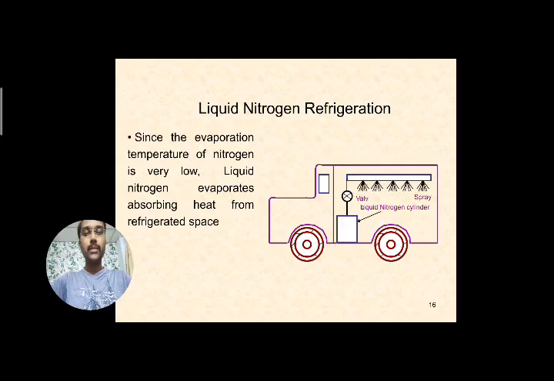That high temperature is absorbed by the liquid nitrogen, and the liquid nitrogen gets evaporated. That evaporated nitrogen is sent to the atmosphere, and it maintains a very low temperature inside the container at all times.